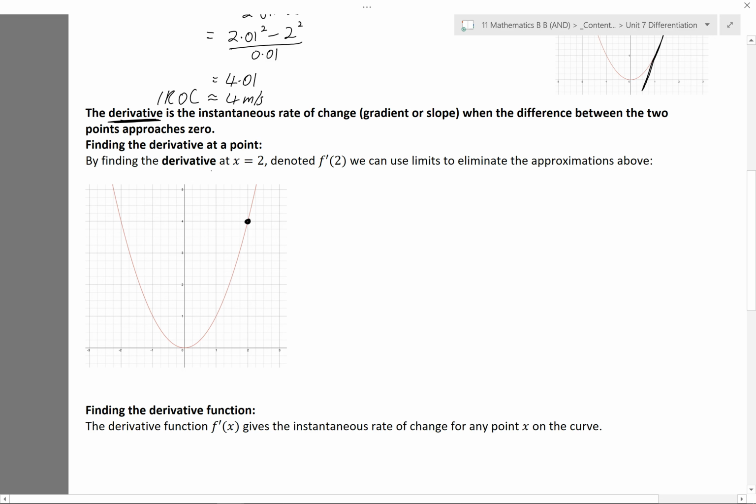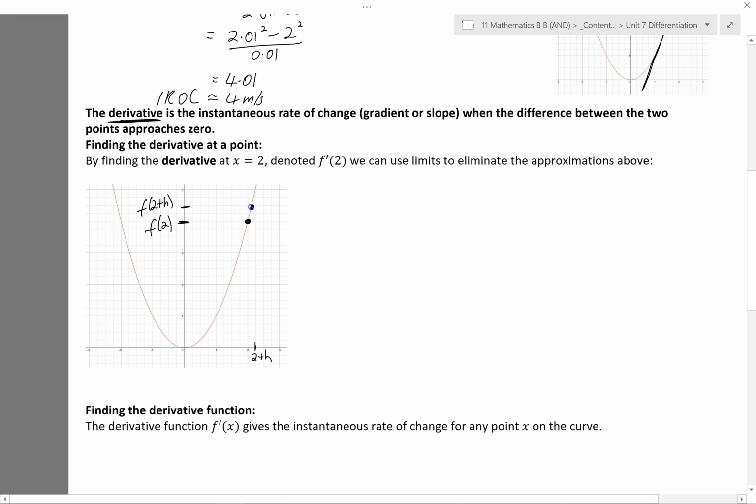Instead of having 2 and then going across to 2.01, I'm going to go to 2 plus h. So I'm going to add on h instead of adding 0.01. So I'll have the function value at 2, and I'll also have the function value at 2 plus h.